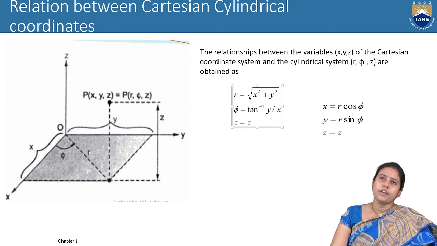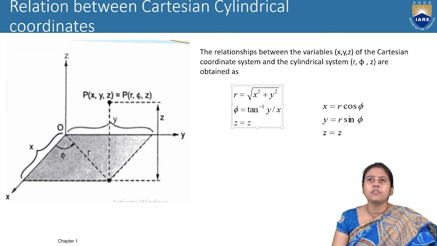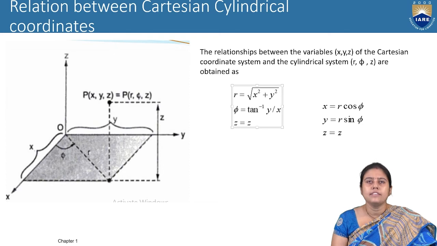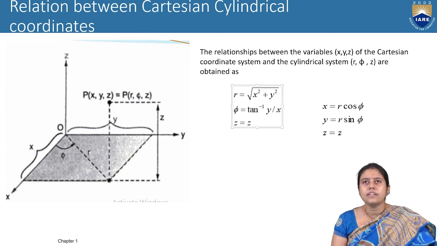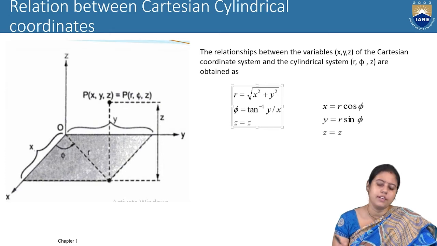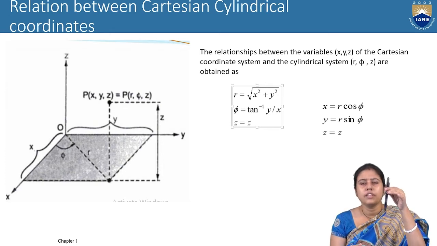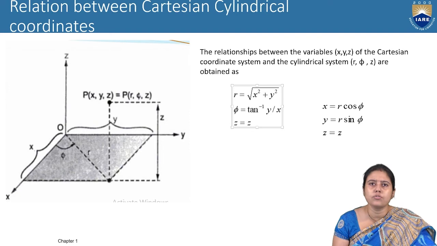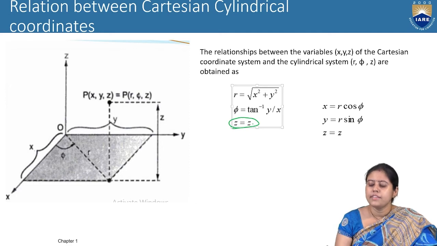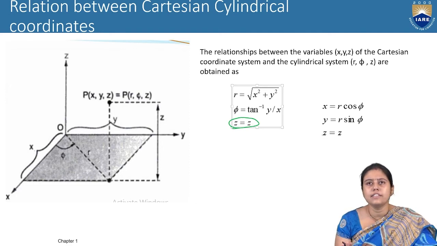So next important point is the relation between the Cartesian and cylindrical coordinate. What is the relation between the Cartesian and cylindrical coordinate? As we know, the z is constant. We can write z is equal to z, because z is same.